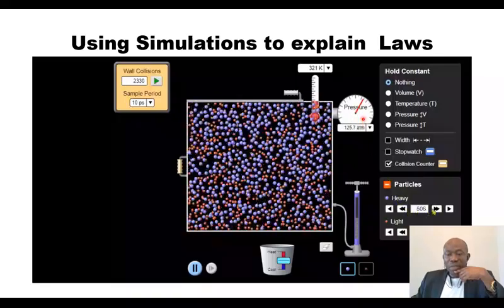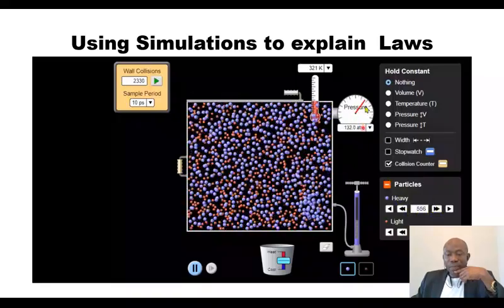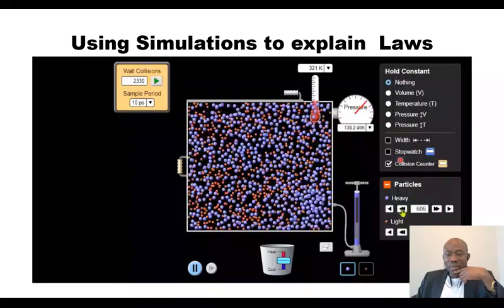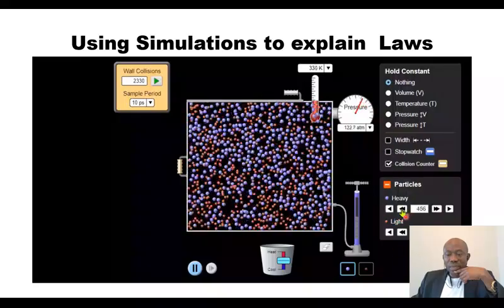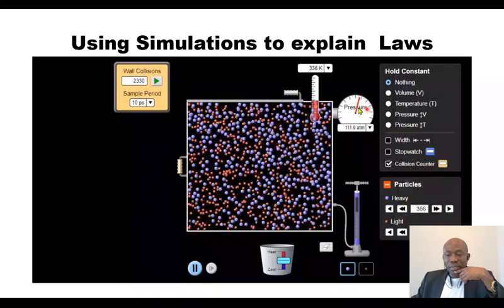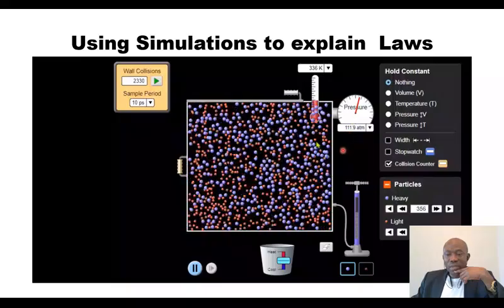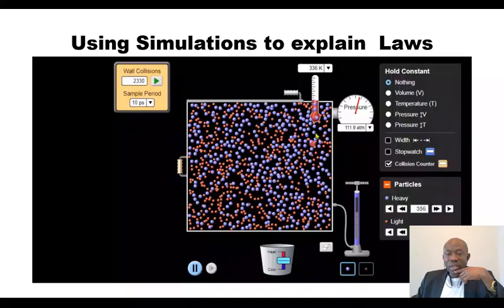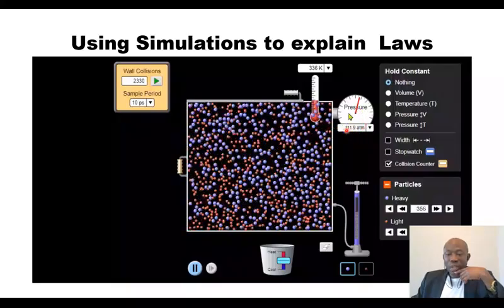If you introduce more particles, you can observe that the pressure rises. The collision increases, which means there is more pressure. When you reduce the number of particles, the pressure reduces. Which means the more gas you inject into the system, the more collisions, the more pressure. Shall we explain Charles' law now?